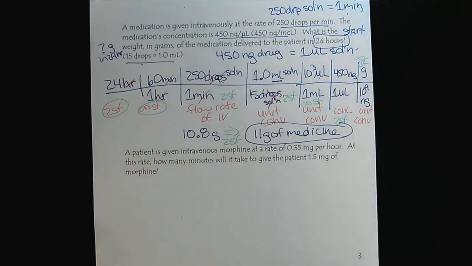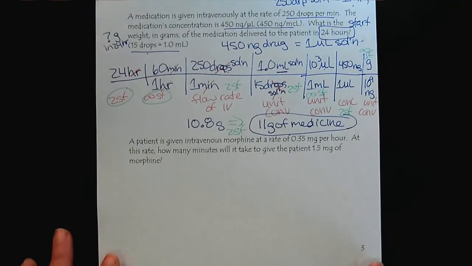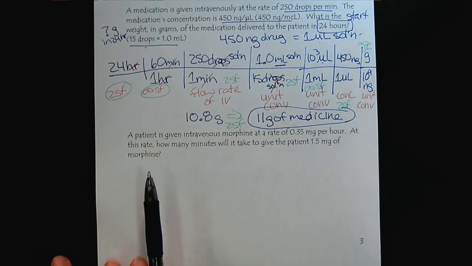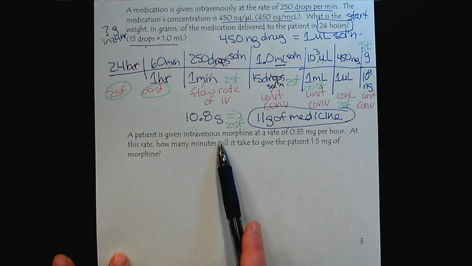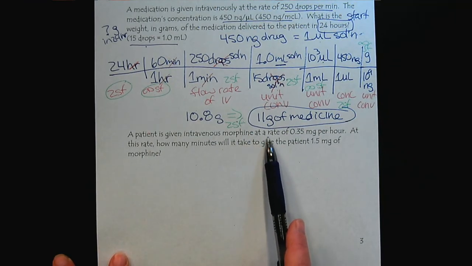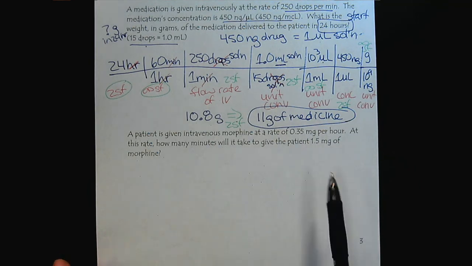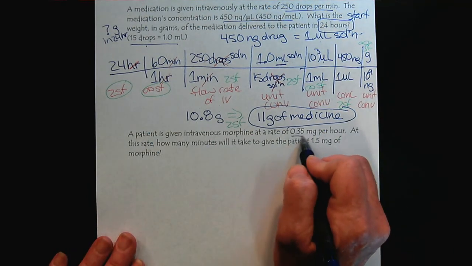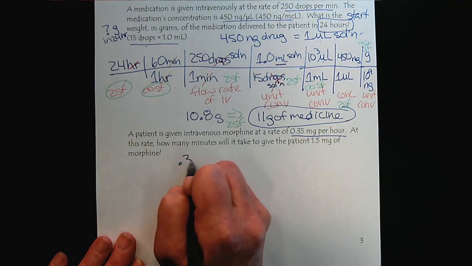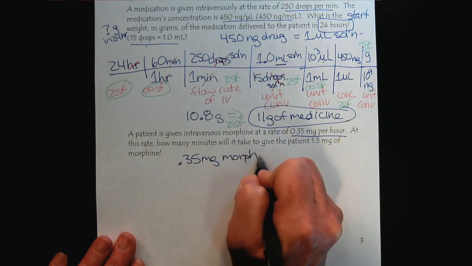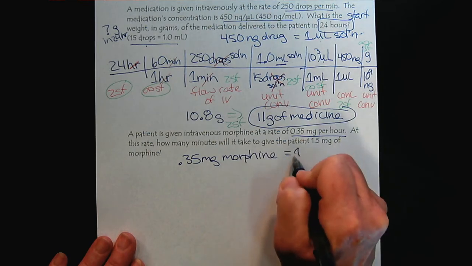Alrighty. Now we'll look at a slightly different version of the IV solutions. Here we have a patient that's given an intravenous morphine at a rate of 0.35 milligrams per hour. So this is telling us right here 0.35 milligrams of morphine equals 1 hour.